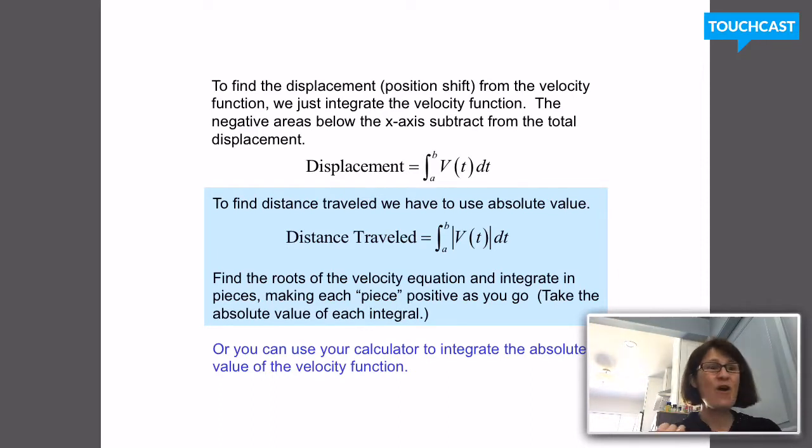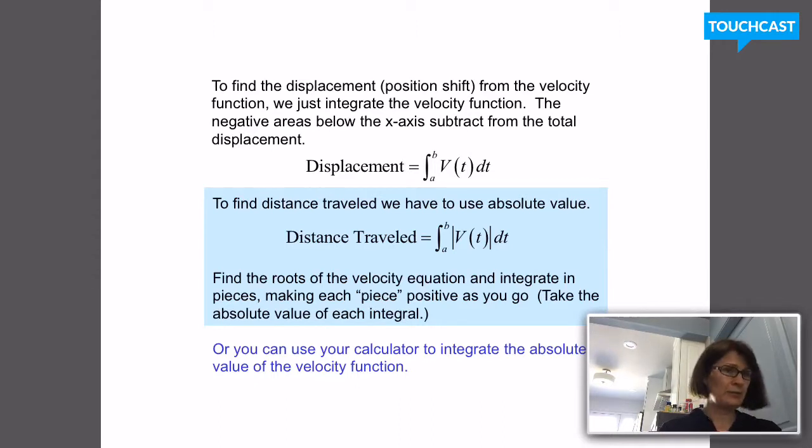Short story, in order to find displacement, integrate the velocity function with the appropriate limits. If, however, you want to find total distance traveled, that's the same distance that your odometer, your Fitbit, or your step counter would count. So one way to compute it is to find the integral for the appropriate limits of the absolute value of the velocity function.